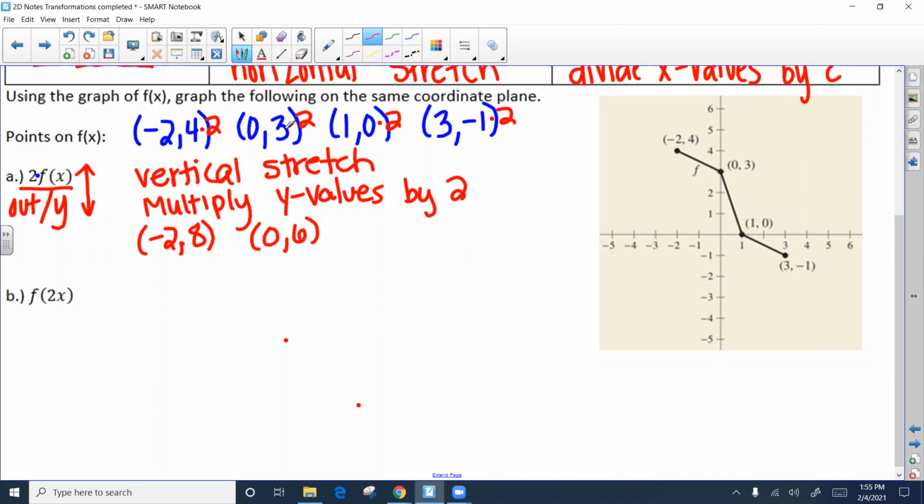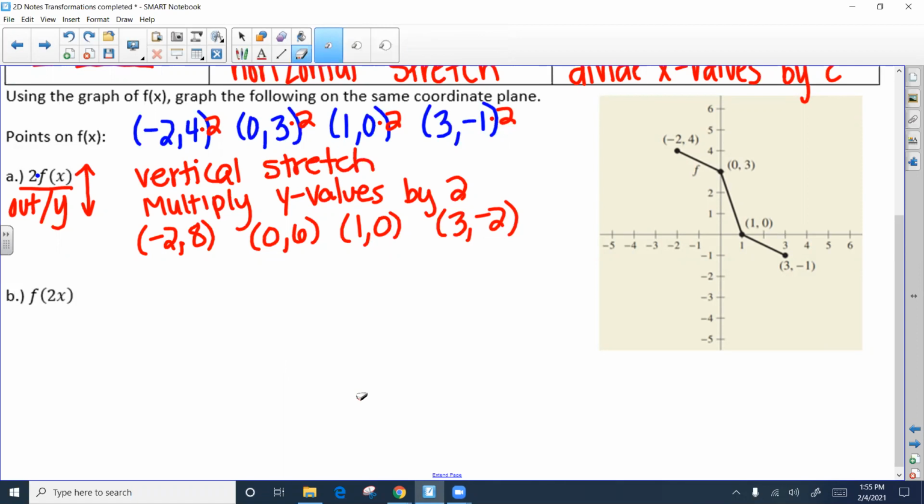The original was 0, 3. The new one is 0, 6. The next one was 1, 0. This one is actually going to still be 1, 0 because 0 times 2 is still 0. And then the last one is going to become 3, -2. -1 times 2 gives us -2. So there's my new point.